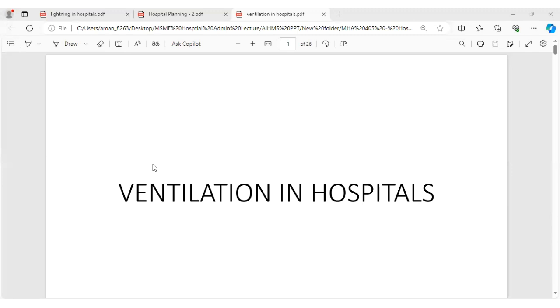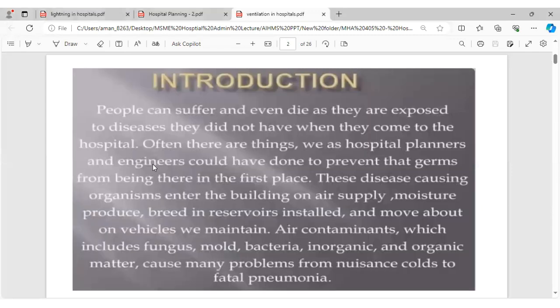Now moving on to ventilation in hospitals.